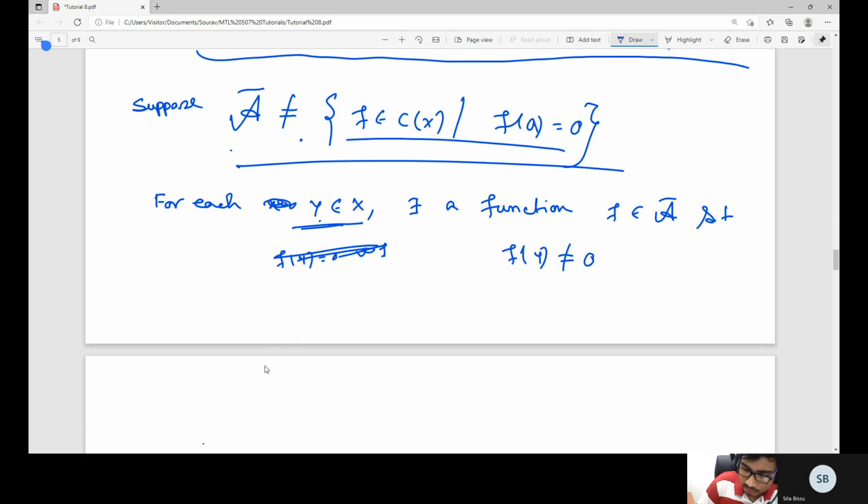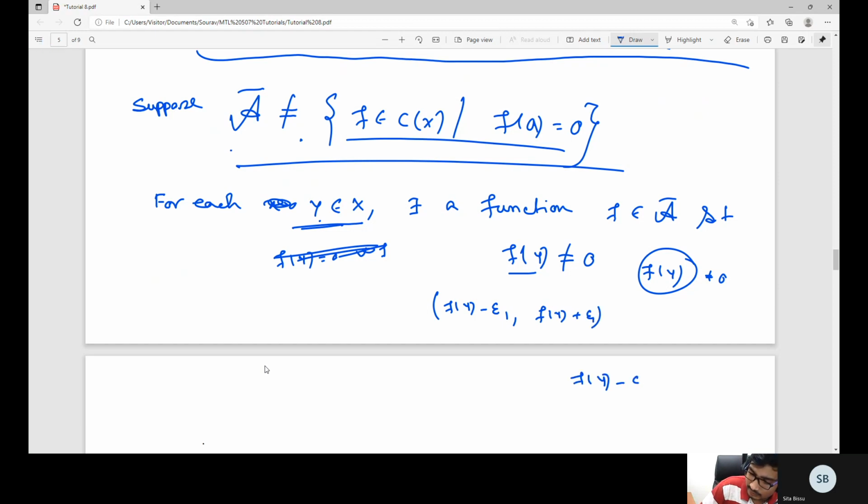Now you consider f(y). You know the neighborhood property of a real valued function. f(y) is not equal to 0. So you can consider a neighborhood, say (f(y) minus epsilon 1, f(y) plus epsilon 1), where f(y) minus epsilon 1 is positive.